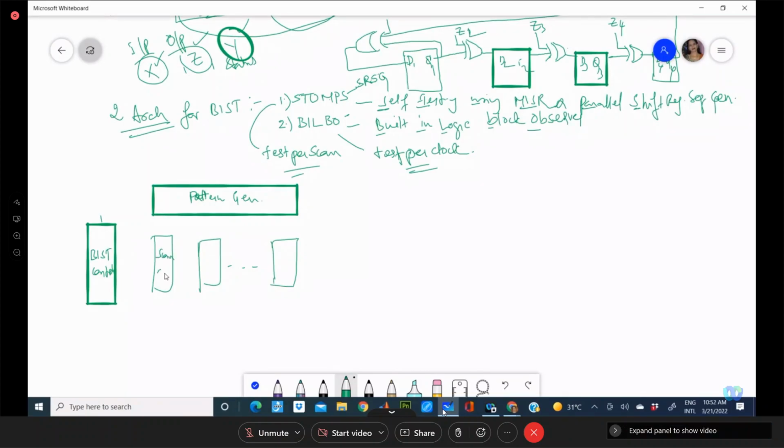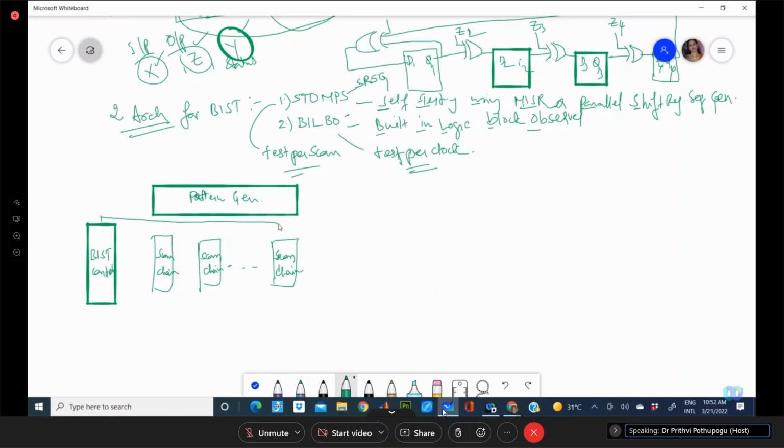This is the same scan chain we saw in the boundary scan. The size of the scan chain depends on how many elements and bits you use. The scan chain has scan in and scan out, scan data in, scan data out. Through that scan chain, the pattern of bits will be shifting.